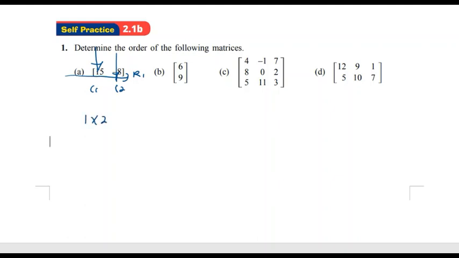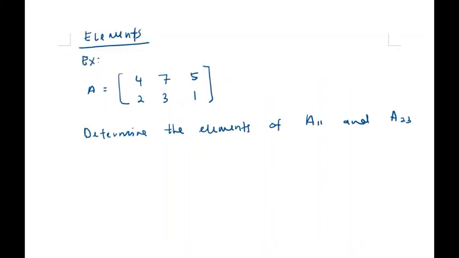So the order for this matrix is 1 by 2. B: 2 rows and 1 column. So the order for this matrix is 2 by 1, row times column. So don't forget to try C and D in your exercise book.